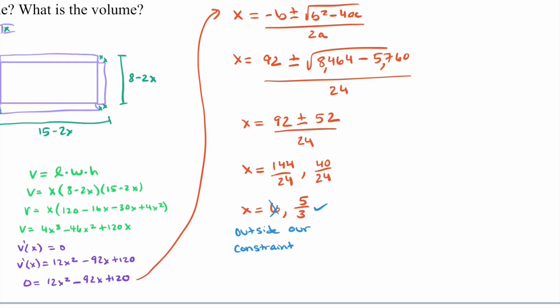Now, if we want volume, volume is length times width times height. 5/3 is one of the items. It doesn't matter the order. We're going to do 8 take away 10/3 and 15 take away 10/3.